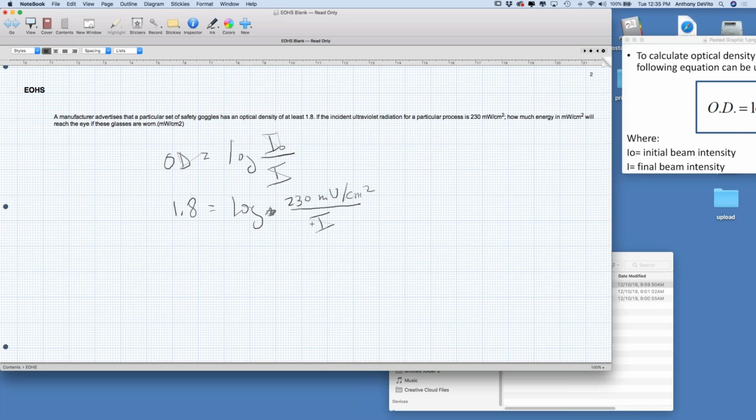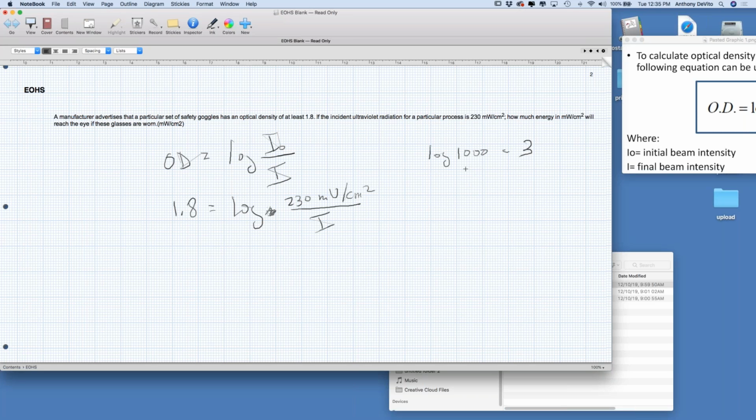In order to solve this for I, we have to get this out of the logarithm. So I'm going to take the anti-log of both sides. What's the anti-log? Well, let's take a look at logarithms. The logarithm of 1,000 is equal to 3.